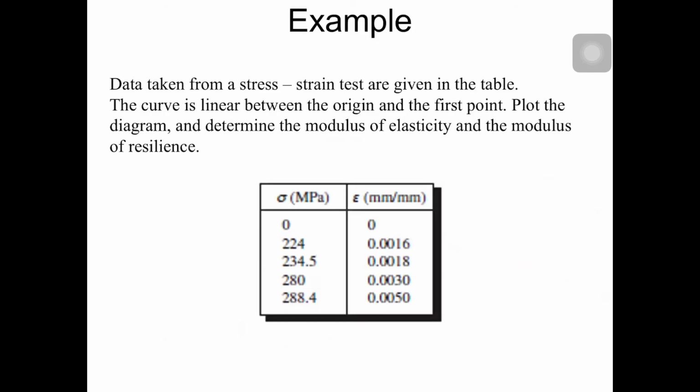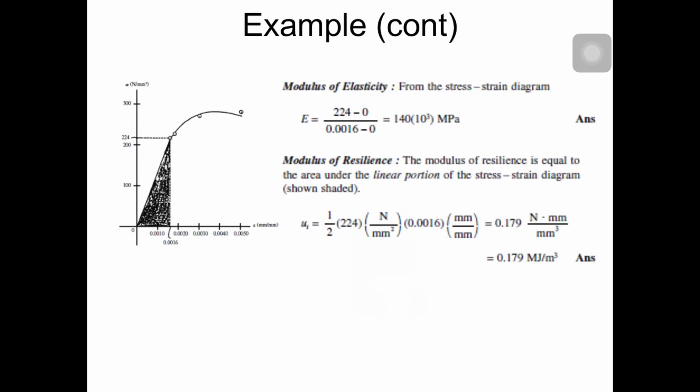So for example, you have data taken from a stress strain test. The curve is linear between the origin and the first point. Plot the diagram and determine the modulus of elasticity and modulus of resilience. Okay, so you have a stress and you have a strain. So plot this on graph paper. If you plot that, you will get like this.